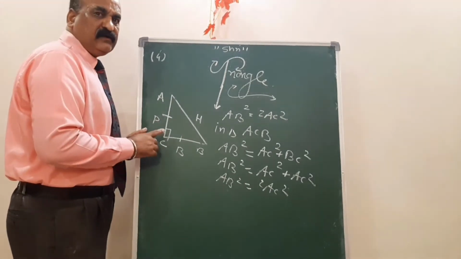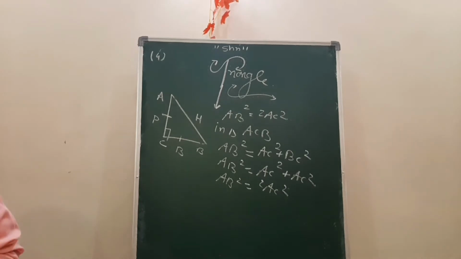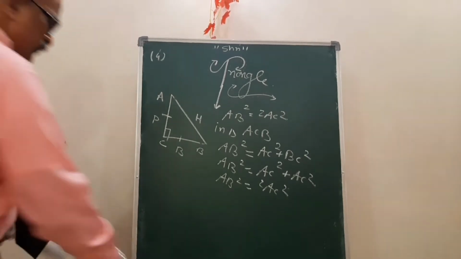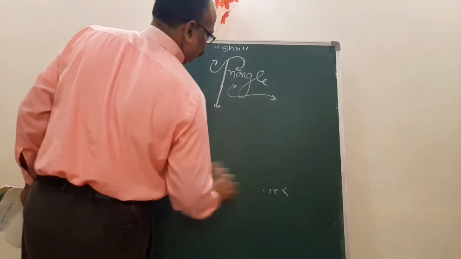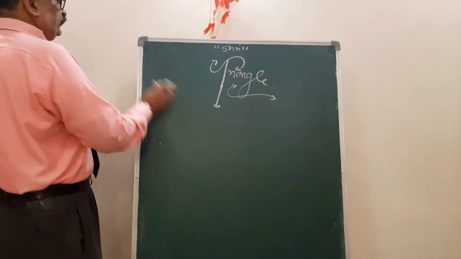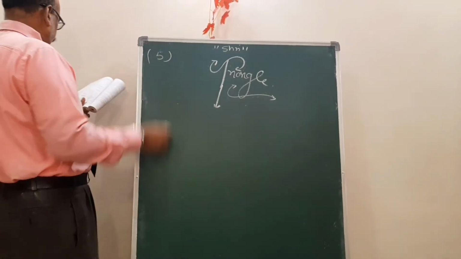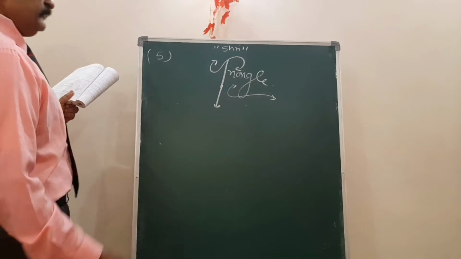Now I am going to take question number 5. In question 5, ABC is an isosceles triangle.